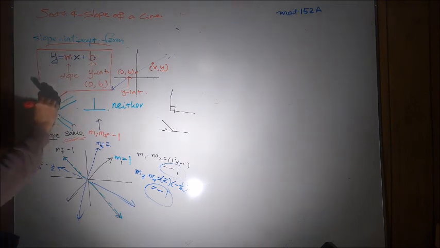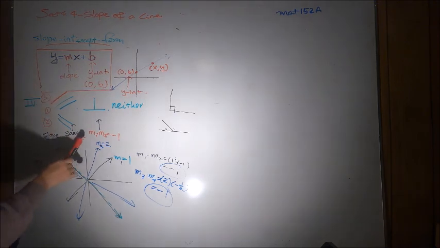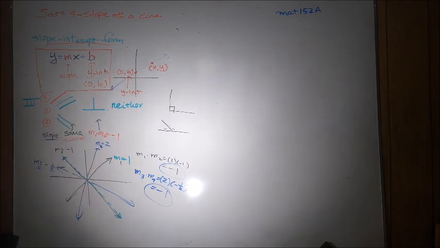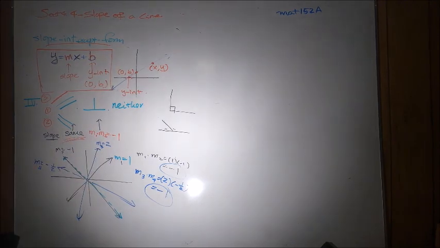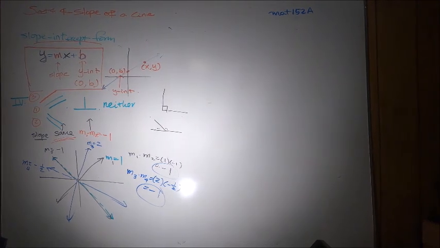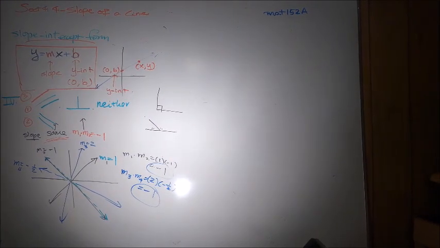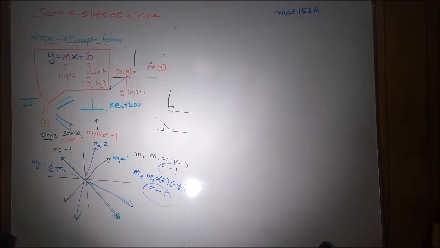Situation like this. Perpendicular ones, when you multiply the slopes, that would be what? Would be -1, right? Okay?